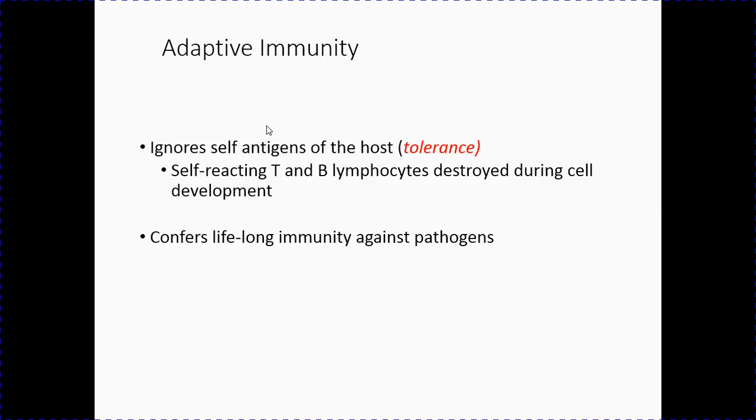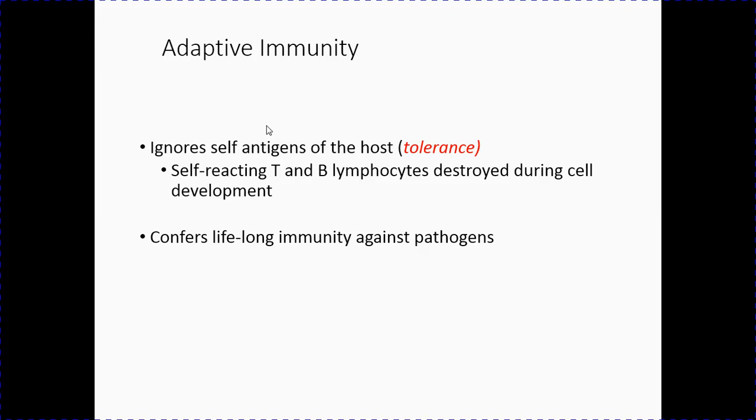It's important to note that the adaptive immune system isn't only important in providing recognition of antigens and toxins and things associated with invading pathogens, and then providing that specific response to destroy the pathogen, but it's really important that the adaptive immune system also includes the process of educating, quote unquote, T and B cells as they mature so that they will ignore self-antigens of the host.